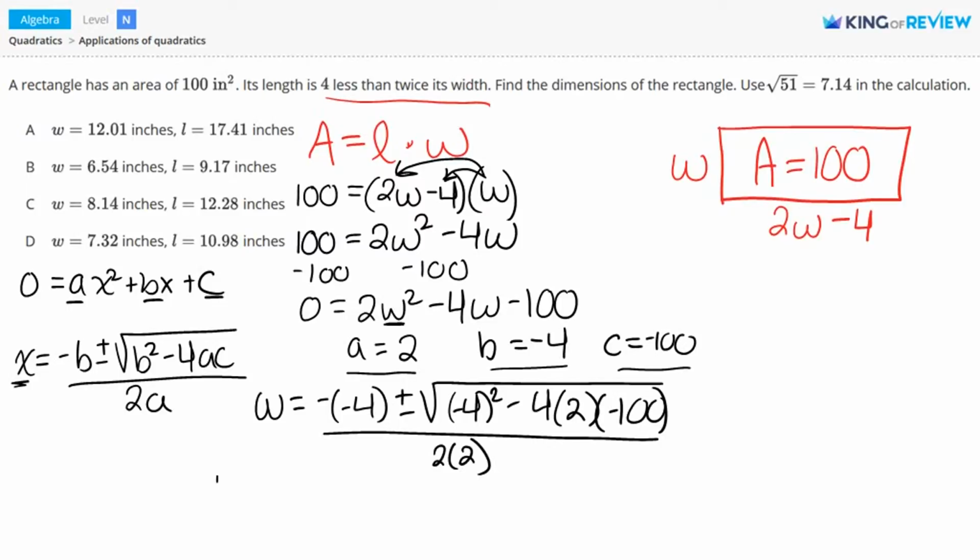When we simplify, we get w equals 4 plus or minus the square root of 816, all divided by 4.